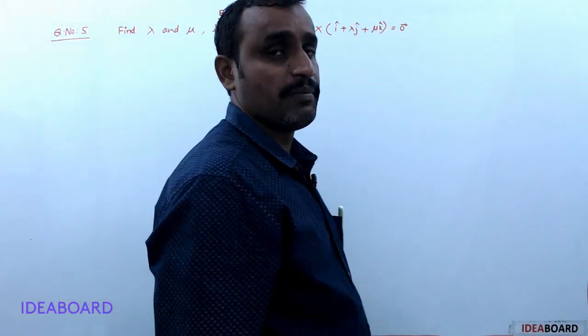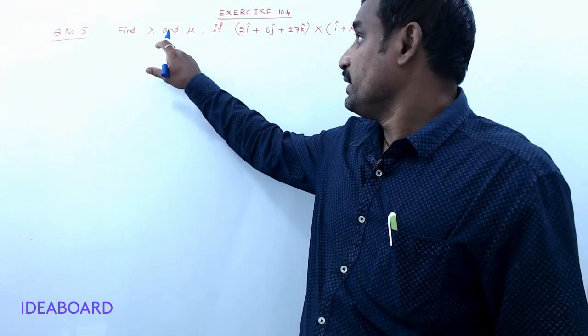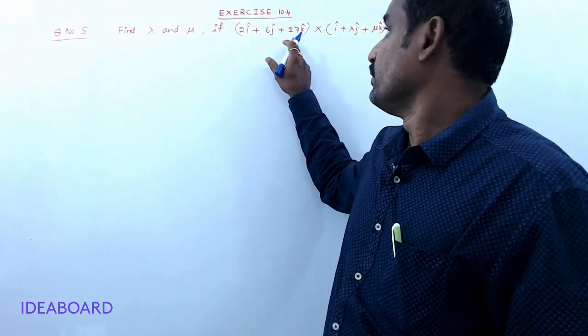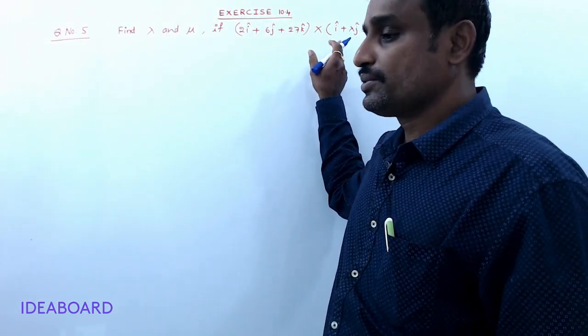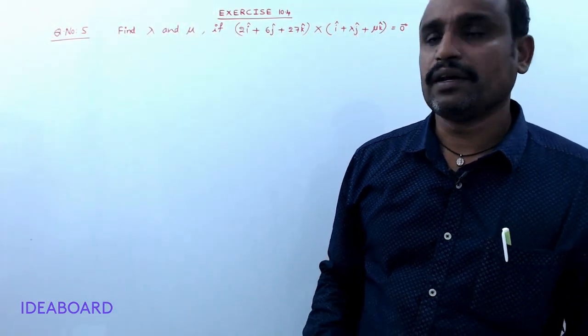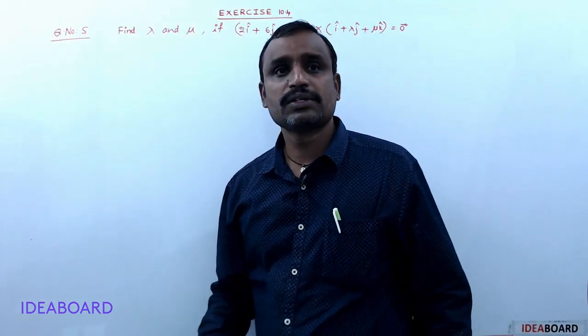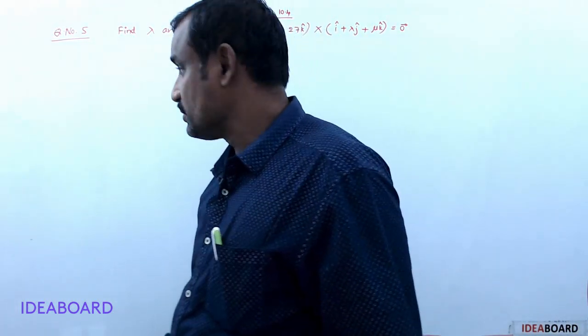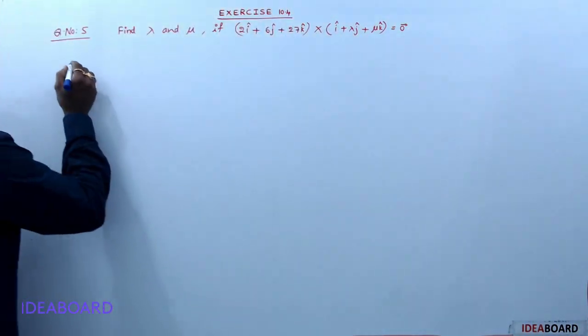Now question number 5. Find lambda and mu if the cross product of two vectors gives the null vector 0 bar. This is also an easy question. Now see the solution.